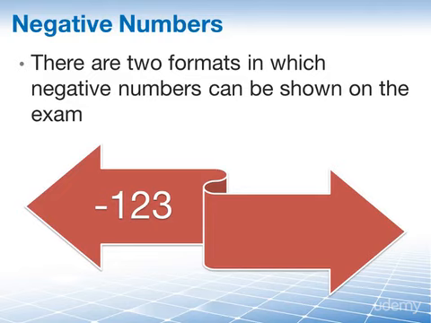Or it could be shown to you in this format here, 1, 2, 3 in parentheses, which also means minus 123. This second one here in parentheses is a standard that comes from accounting practices in the United States of America. So if you see a number with parentheses around it, it also means minus.